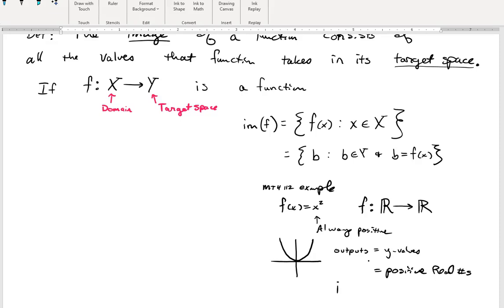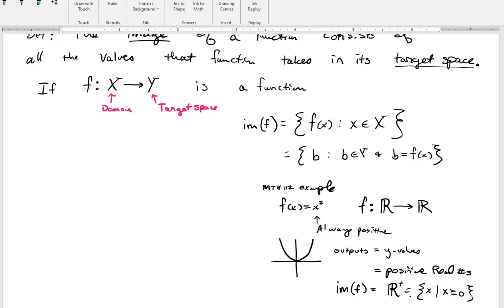So the image of this function, we could say R plus, the positive real numbers. Or if we wrote it in set builder notation, we could say the set of all x such that x is greater than or equal to 0. A lot of different ways we could say that.